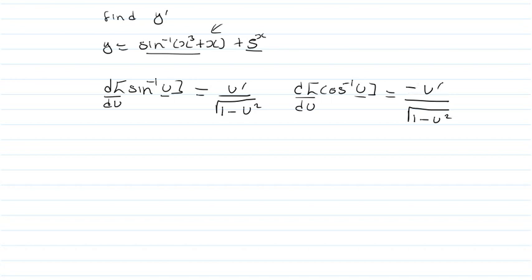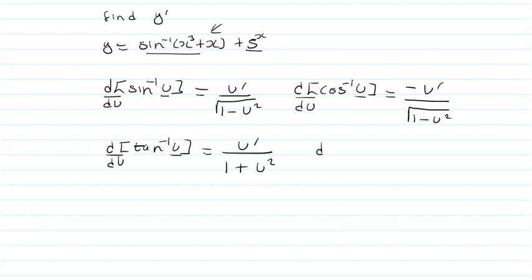Apart from cos inverse and sine inverse, we can be asked to differentiate the tan inverse of u. When you differentiate this with respect to u, you are going to get u prime, which is the derivative of u, over 1 plus u squared. So this is the form tan inverse is going to carry.